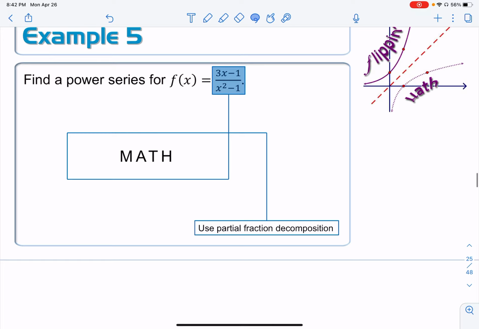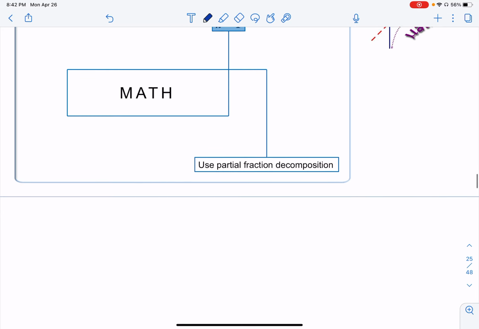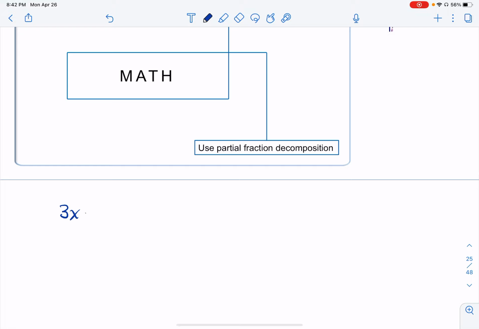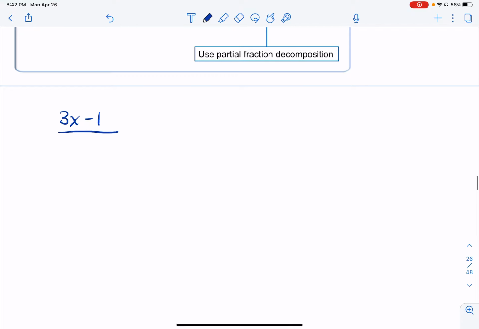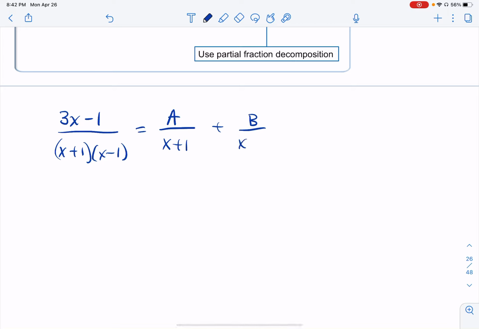All right, I've got a 3x minus 1 on top. And on the bottom, x squared minus 1, but I need to factor that: x plus 1, x minus 1. Then assume that there are partial fractions it decomposes into: a over the first factor, x plus 1, plus b over the second one, x minus 1. Right? Okay.